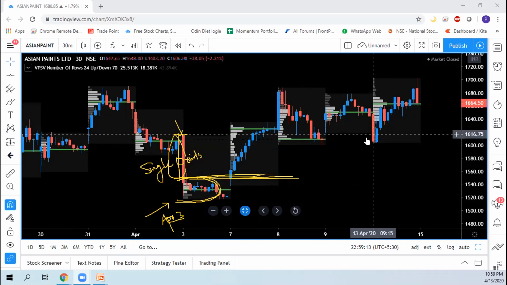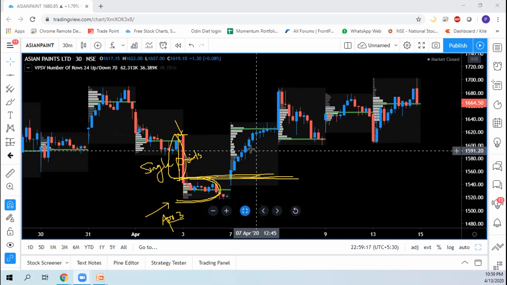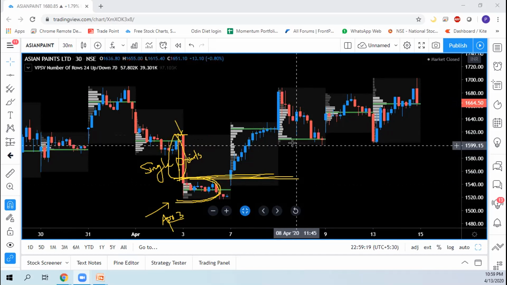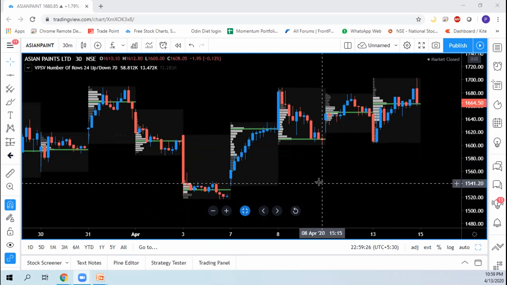So obviously, if there is a pullback towards these trending days, I'll be able to take some long positions over here. That's the logic which I have been using to select this particular stock.